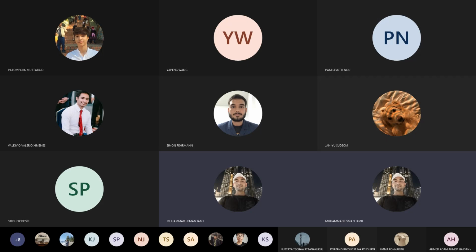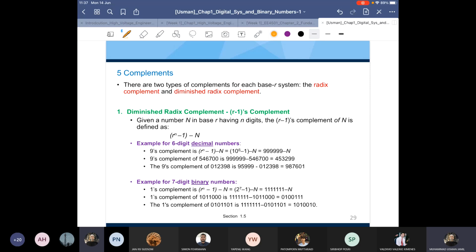Complements are used in digital computers to simplify the subtraction operation.